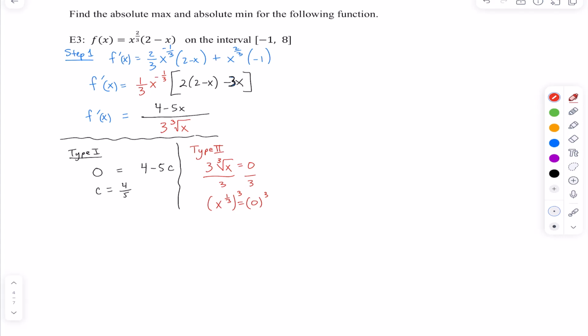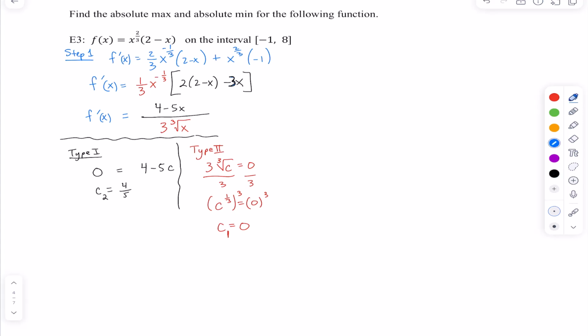And notice we get c to be 0 here. I meant to write the letter c earlier. Now I'm going to go ahead and relabel my two types of critical numbers. I'm going to order them according to the number line. So I'm going to call c sub 1 to be 0 and c sub 2 equals 4/5.